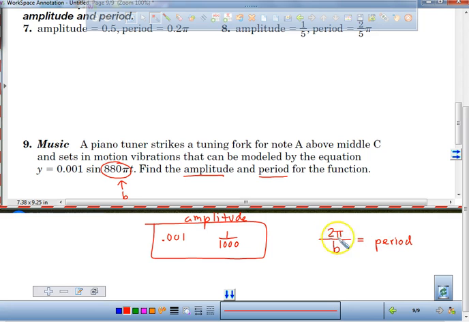So what value am I going to put right there? Let's put 880 pi. What's going to end up canceling out? The pi. Can 2 go into 880? 440.